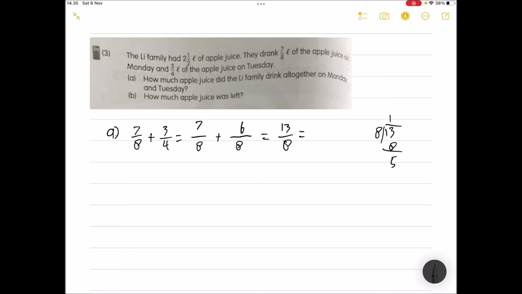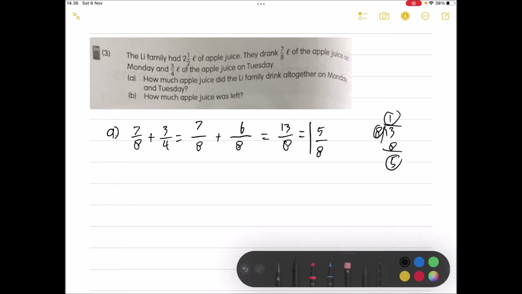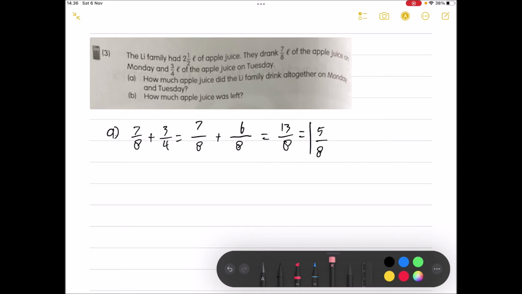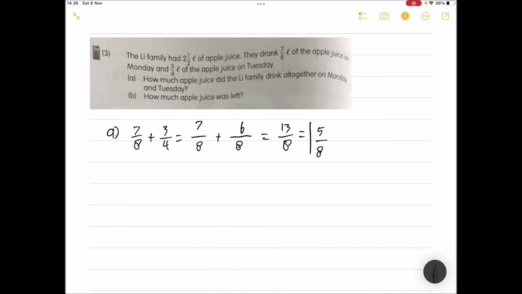Now we simply write this: the quotient will become the whole number, the remainder will become the numerator, the divisor will become the denominator. Or, as I would like to say, the denominator does not change. That's how you present your answer. It doesn't mean that 13/8 is wrong though, it's just improper. With a mixed number, you can see that the fraction there, which is 5/8, is a proper fraction. That's why it's always better to write in simplest form or in a mixed number.